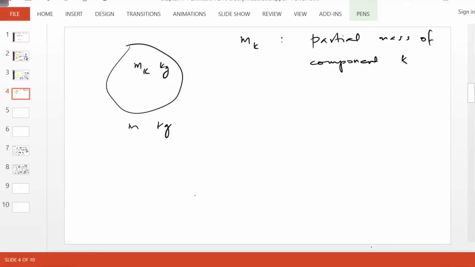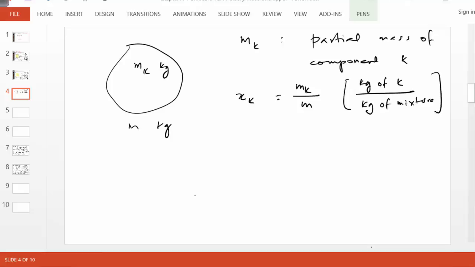And that brings us to a definition of the mass fraction xk, which is the partial mass over total mass. You can think of it as a fraction having no unit, or you can call it kg of k by kg of mixture, because really the two kgs are not the same on top and bottom. So xk is called the mass fraction.